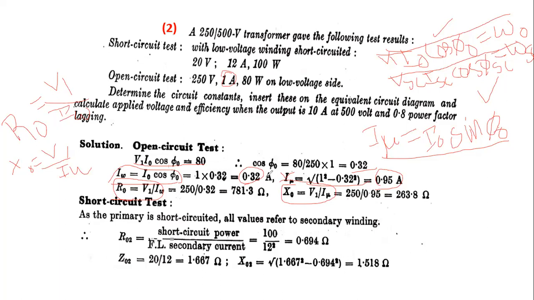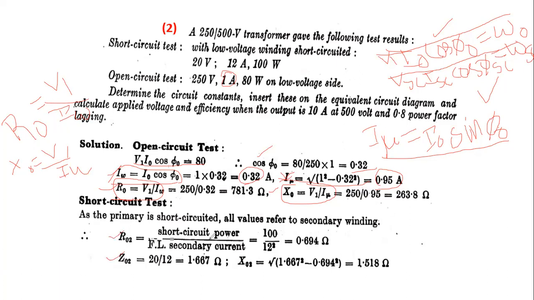Therefore we obtain the cos phi term, the IW and the I mu terms, and then the R naught value and the X naught value. We remember those formulas. Next we calculate the R02 and the Z02.